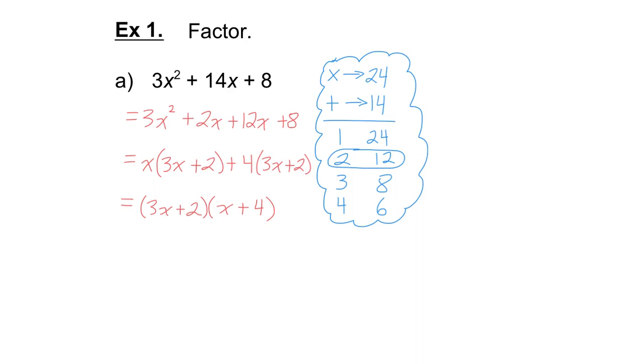All you have to do is remember that factoring is the opposite of expanding. So if I expanded the factored form, I should end up with the standard form. So if I expand and simplify 3x plus 2 times x plus 4, and I get something other than 3x squared plus 14x plus 8, I know that I got this one wrong.